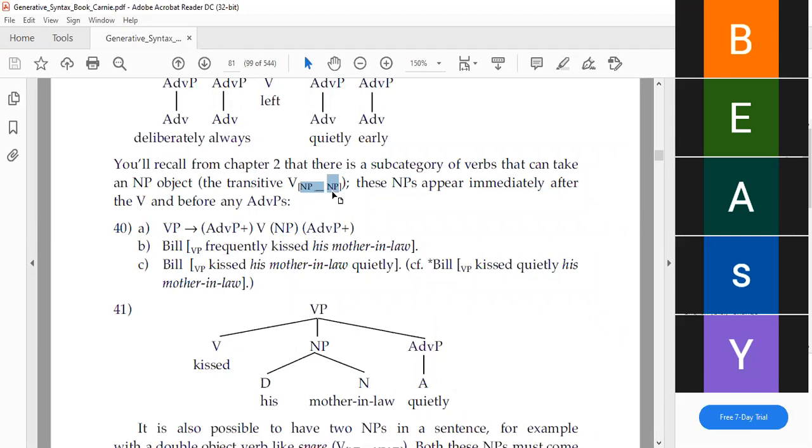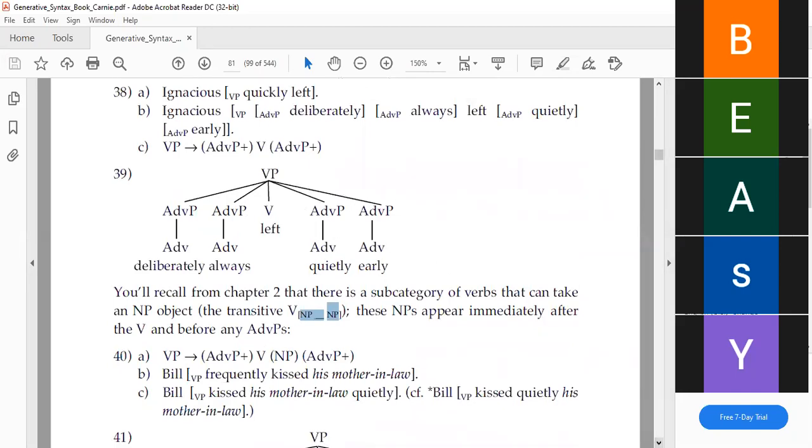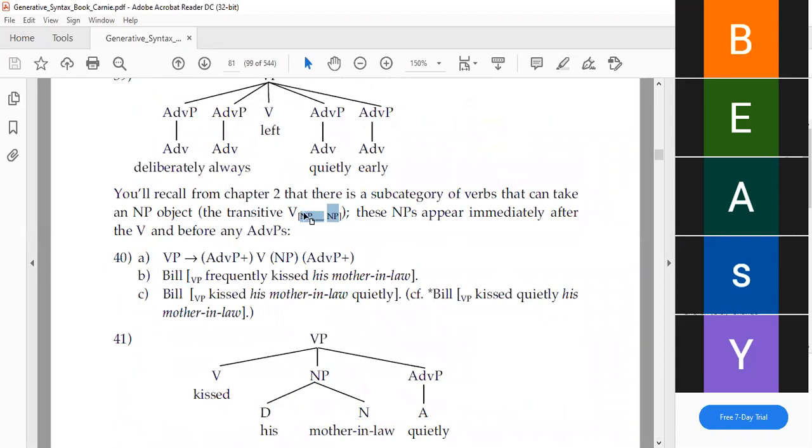So we need an NP after the verb. If the verb is transitive, the NP must appear immediately after the verb and before any adverb.